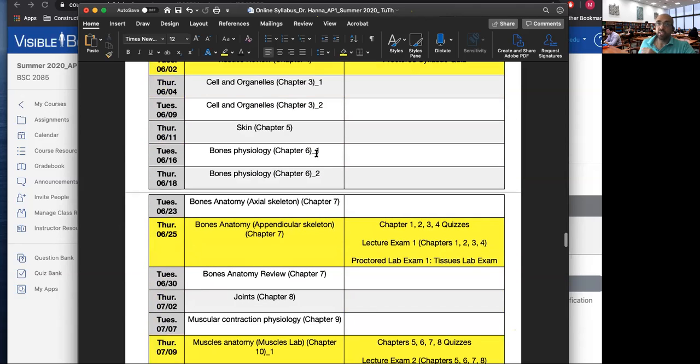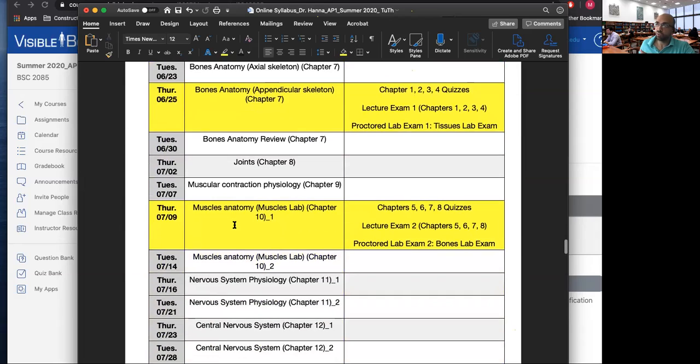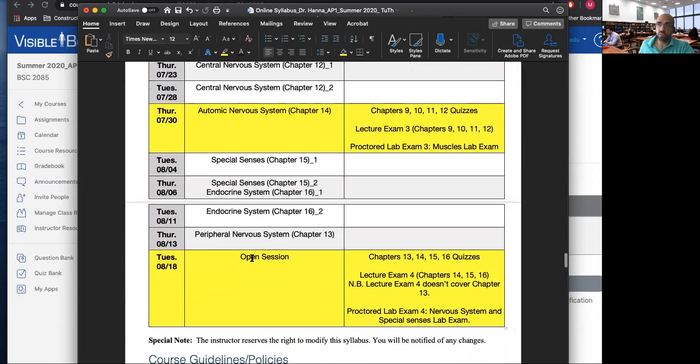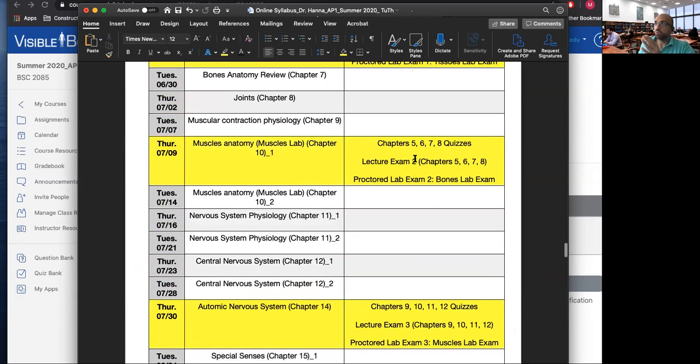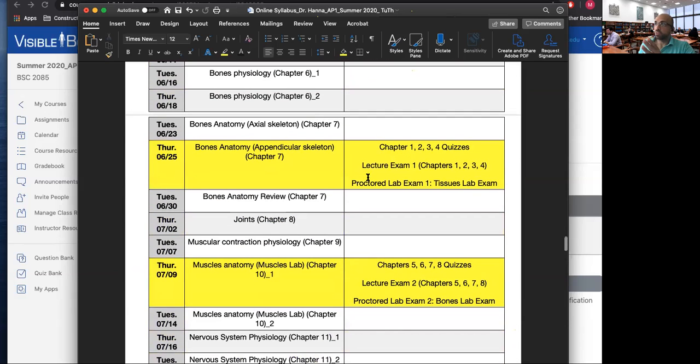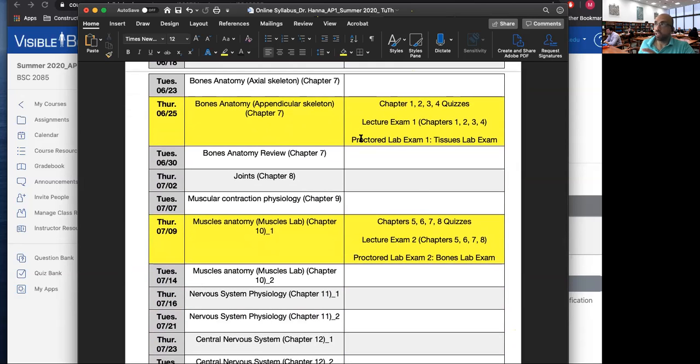In order for me to limit the confusion, I did put all the stuff into 4 different days throughout the semester. So for the tissues lab assignment, it's going to be due on the Proctored lab exam 1 day. This is also going to be a helpful study tool for you to prepare for the lab exam.